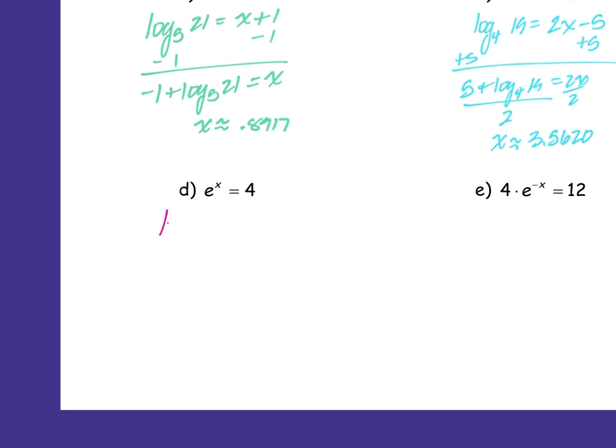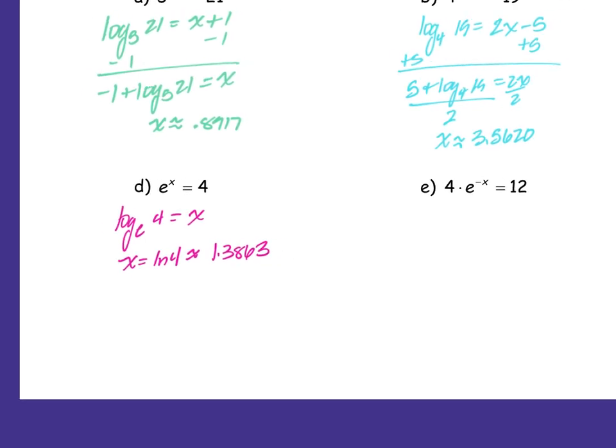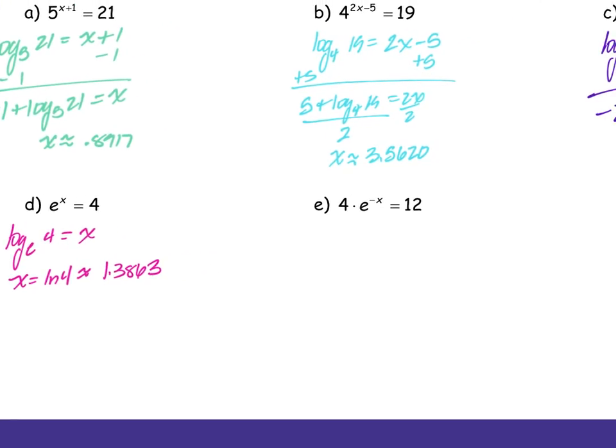So let's see, log base e of 4 equals x. So x is going to equal the natural log of 4, which is approximately equal to 1.3863. And then the last one, what does the last one say? I have to divide by 4 first. So I get e to the negative x equals 3.